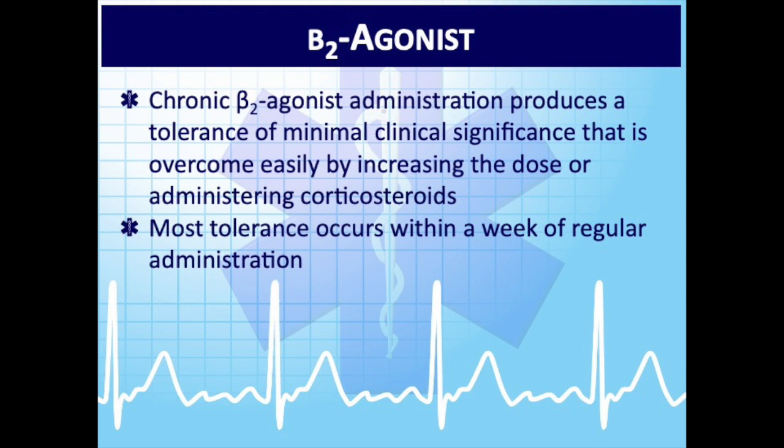Usually it takes about a week for this tolerance to develop. Initially they start using the albuterol and it works great. After a couple days, maybe a week down the road, they start using it more and more each day. Their tolerance is going to get worse, and they're not going to get the rescue breaths that they actually need.